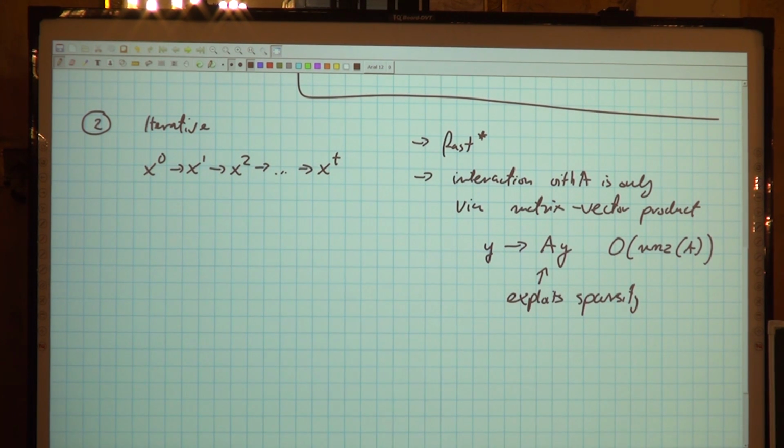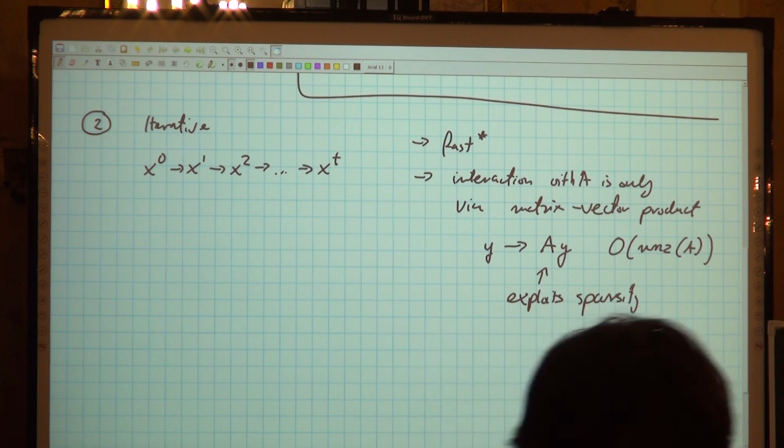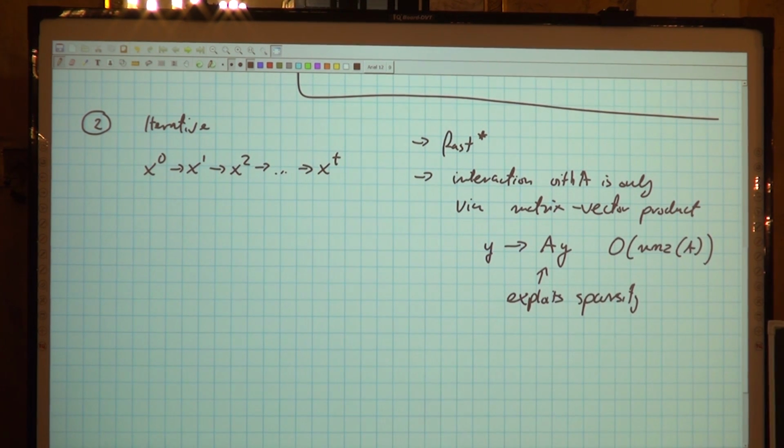And this will be automatic. You don't even have to think about it because your algorithm will only interact with your matrix in this way. So that's one more reason why this will be a good idea.